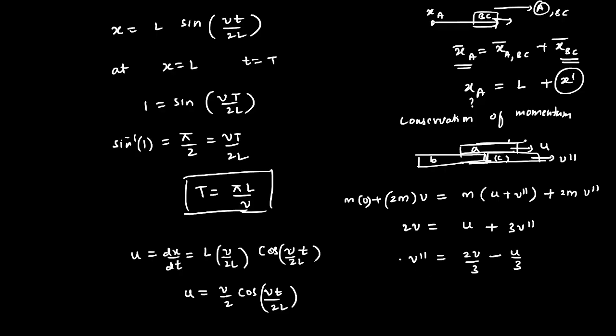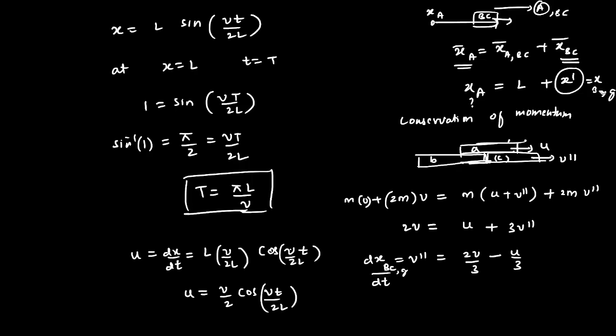So what is this V double dash? V double dash is the speed with which this BC combination is moving, which is d by dt of the position of the BC combination with respect to ground changing with time. So that X dash we were talking about is nothing but the position of the BC combination with respect to the ground frame.